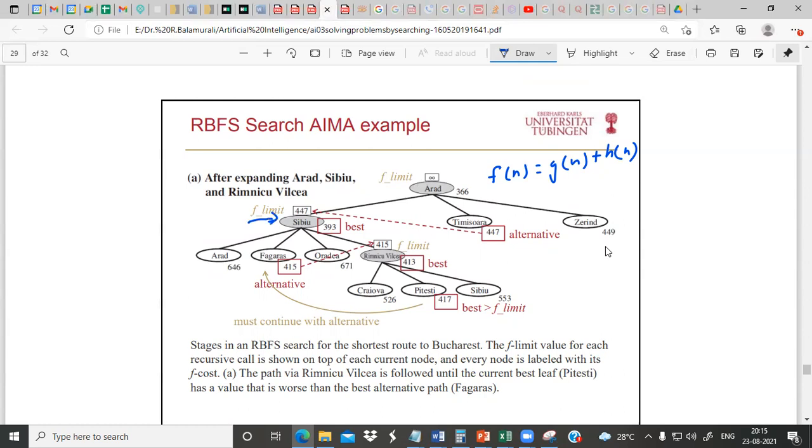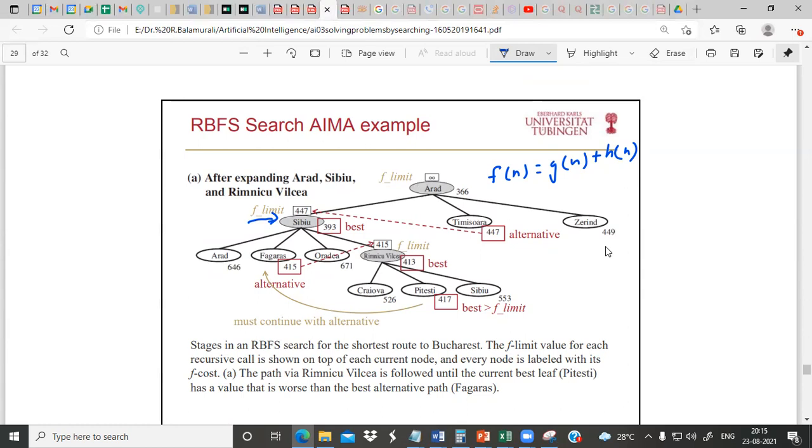But before exploring, we are going to add the F limit. For the initial node alone, there won't be an F limit. For other nodes which we are going to expand, we will be adding an F limit. But what is this F limit? How did we get it? This F limit is the next best path in this same level.